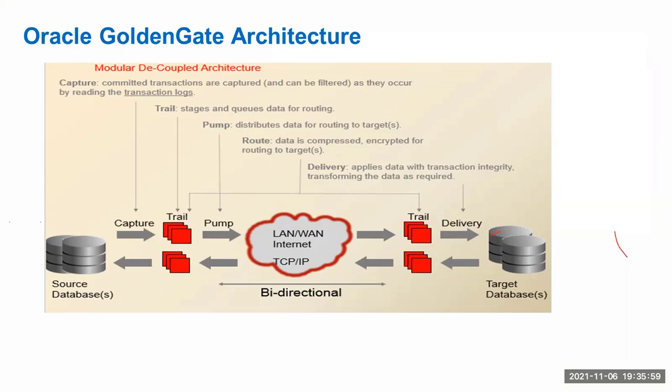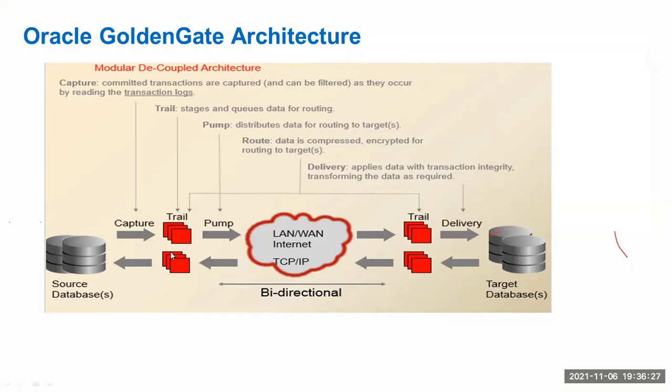Now, as soon as that transaction is committed, the Golden Gate capture process will capture the committed transaction as it occurs by reading the transaction logs. Remember, your transaction logs can contain committed as well as uncommitted transactions, but the Golden Gate capture process is only going to capture the committed transactions.